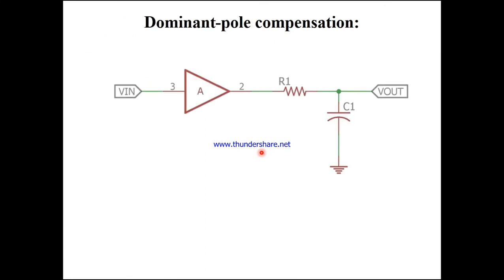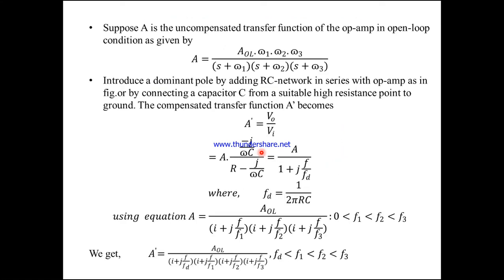Here, suppose A is the unbounded transfer function of the op-amp in open loop condition. Therefore, it is given by the equation, A equal to, in S domain, A OL into omega 1 omega 2 omega 3 divided by first corner frequency, second corner frequency, into third corner frequency.